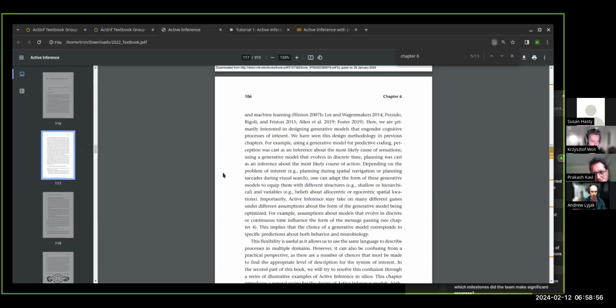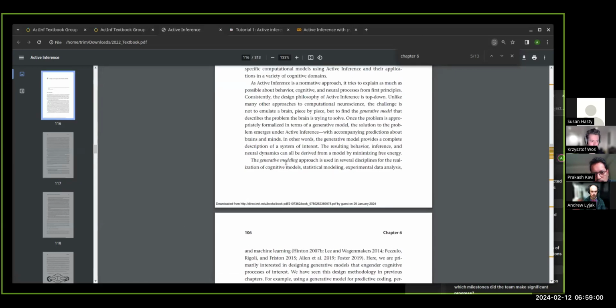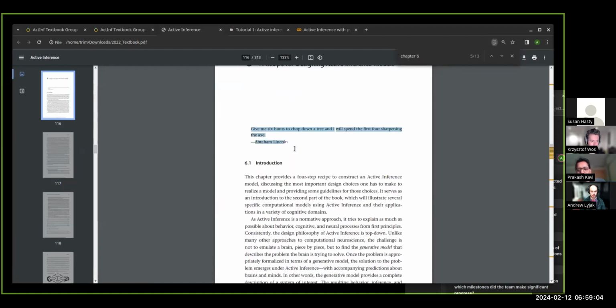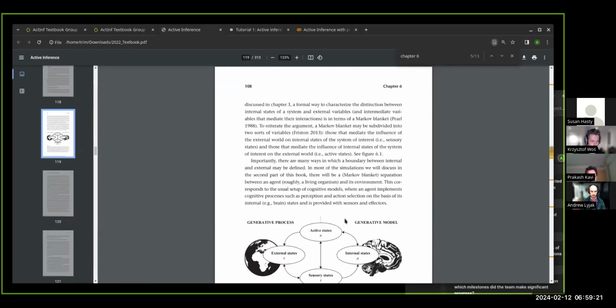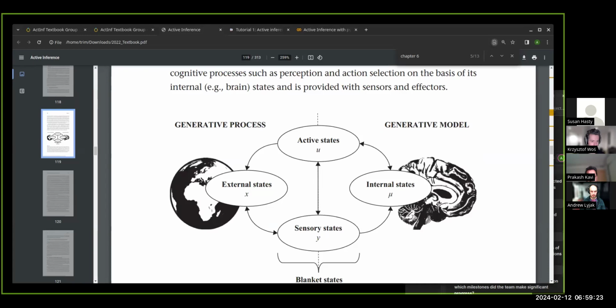I almost want to say that if I were to translate the Markov blankets to an okay metaphor, it's not perfect, but it would almost be the protective boundaries that we perceive in the world, which has a lot to do with our perception of freedom. Would that be cool? However you feel.